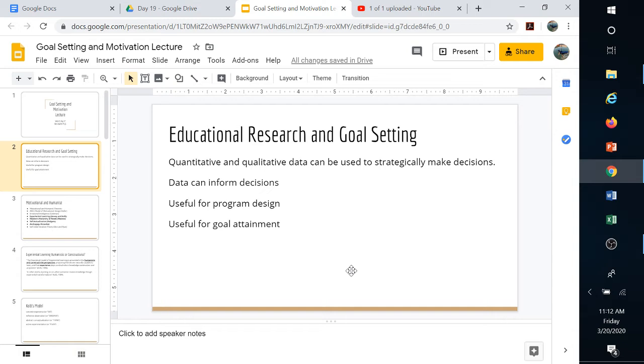So that's my informed decision. Then, based on that data that I collected, I'm going to create some goals from it. And those goals are going to help me develop a program that would help me achieve those goals. So that's what I'm talking about here. That's how that educational research piece is connected to the goal setting and motivation chapter that we're on right now.